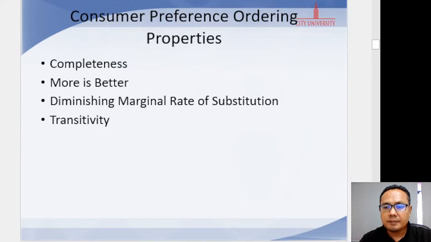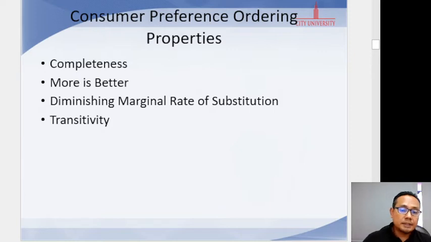If preferences were not complete, there might be cases where a consumer would claim not to know whether he or she preferred bundle A to B, preferred bundle B to A, or was indifferent between the two bundles. If the consumer cannot express her or his own preference for or indifference among goods, the manager can hardly predict that individual's consumption pattern with reasonable accuracy.